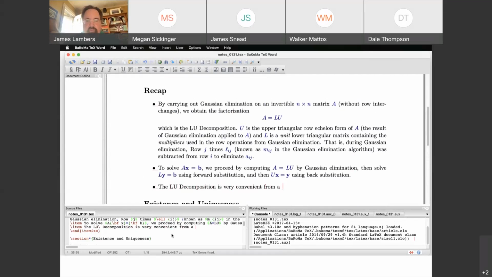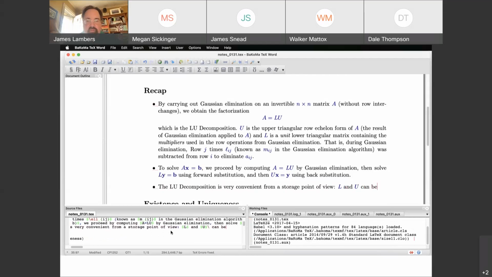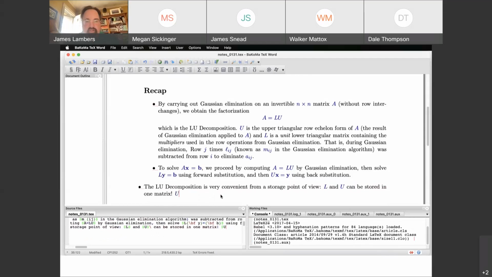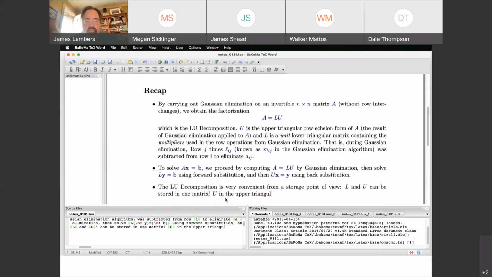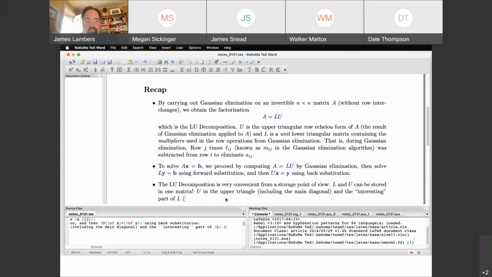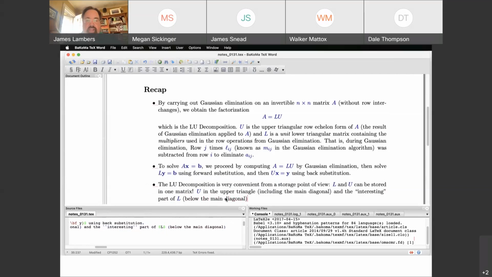Because L and U, you can store them in one matrix. You can store U in the upper triangle, including the main diagonal. And the interesting part of L, that's strictly below the main diagonal.